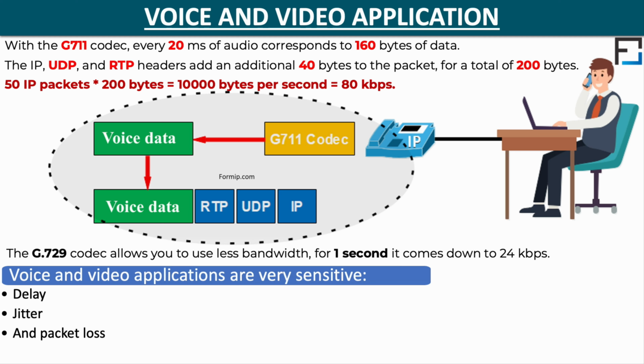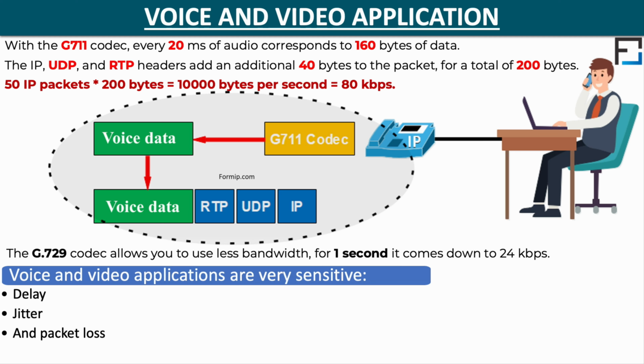Jitter is also a problem, as the codec waits to receive a certain number of IP packets so that it can convert them back into an analog signal. And packet loss is also a big problem. It's not very pleasant to communicate with a person if the conversation is missing several words.